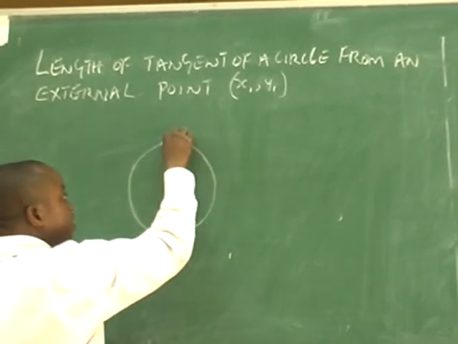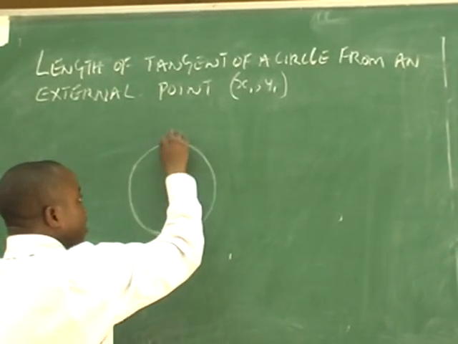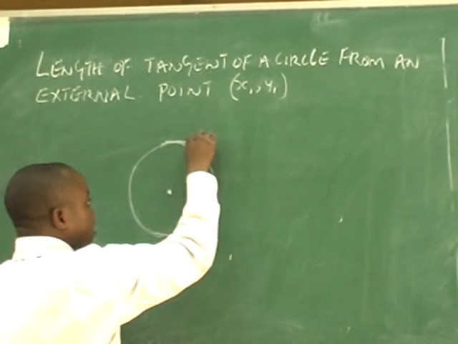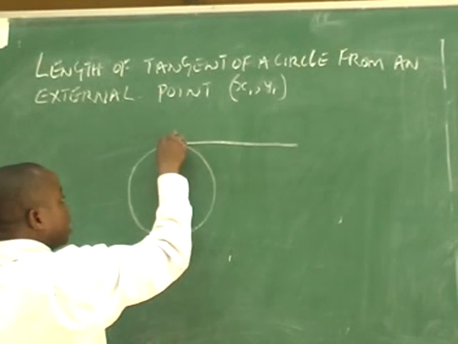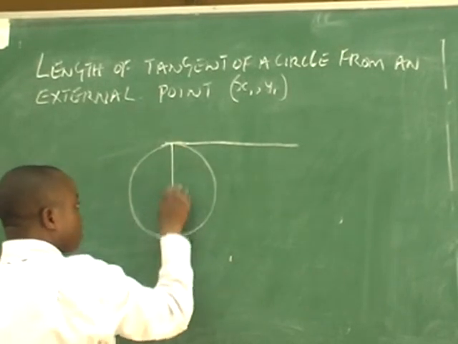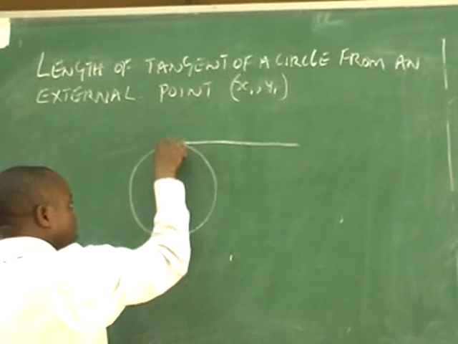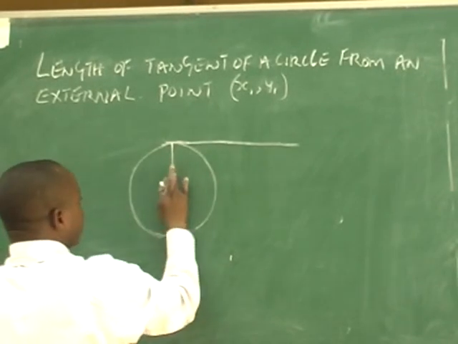Now, a tangent, like I've said, is a straight line that touches a circle at a point. And then this is the radius of the circle, which we know.